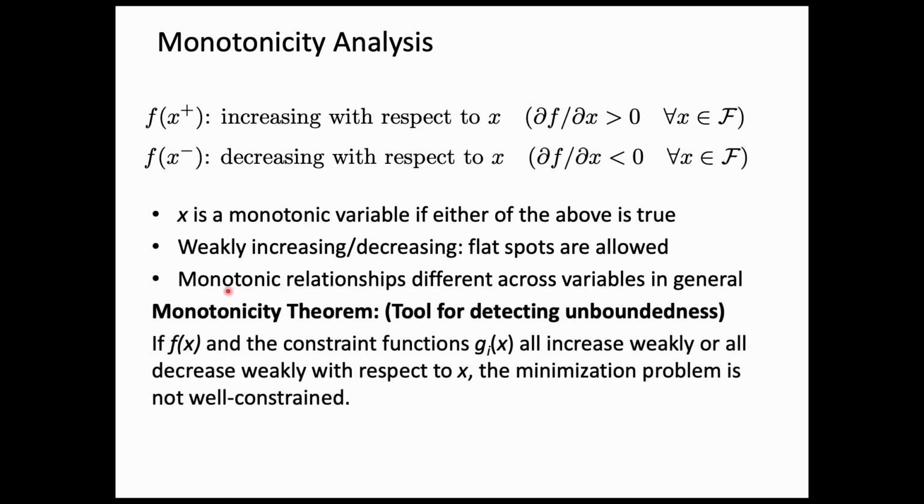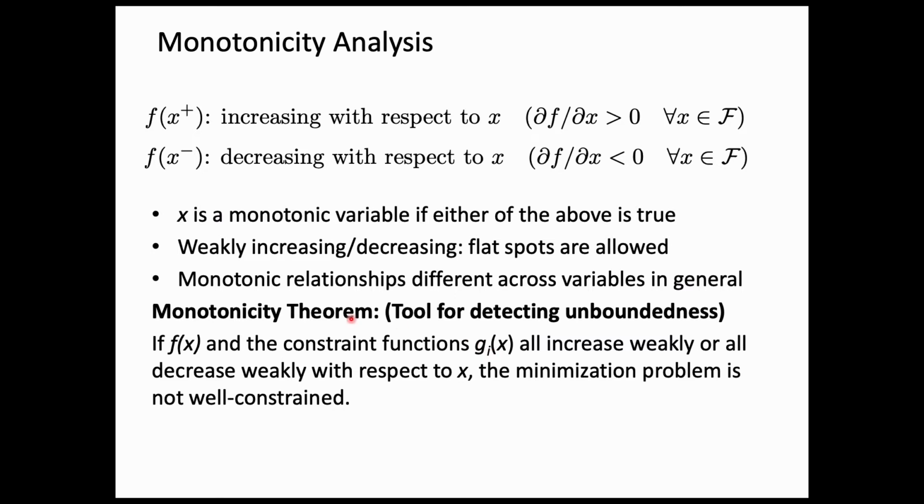Here's the Monotonicity Theorem. This is an important tool for detecting unboundedness. If a function f of x and the constraint functions g_i of x, where we have possibly more than one constraint, and here we're looking at inequality constraints, all increase weakly or all decrease weakly with respect to x, the minimization problem is not well constrained.